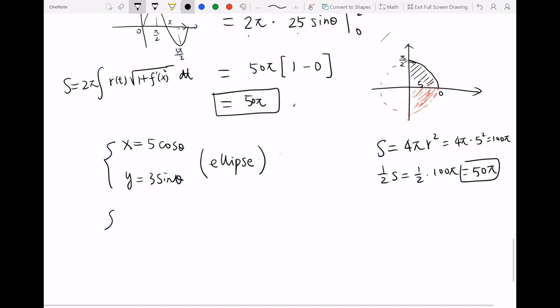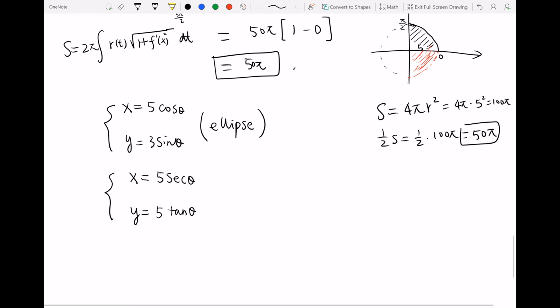Okay, so I'm going to write another one. X squared. Okay. So can anyone tell me what is this one? A parabola. Very good.